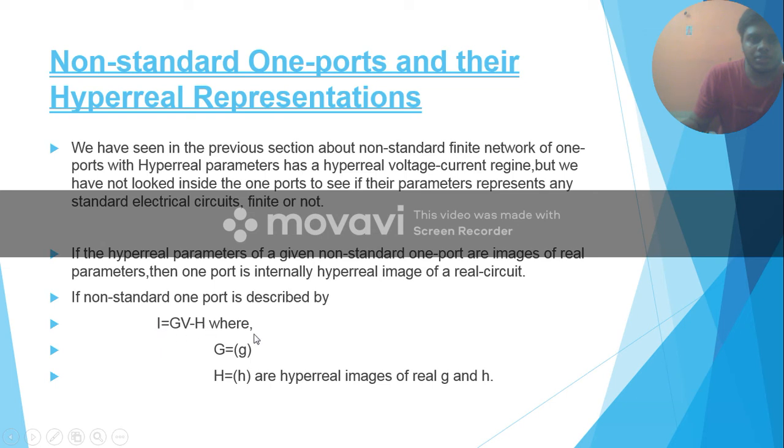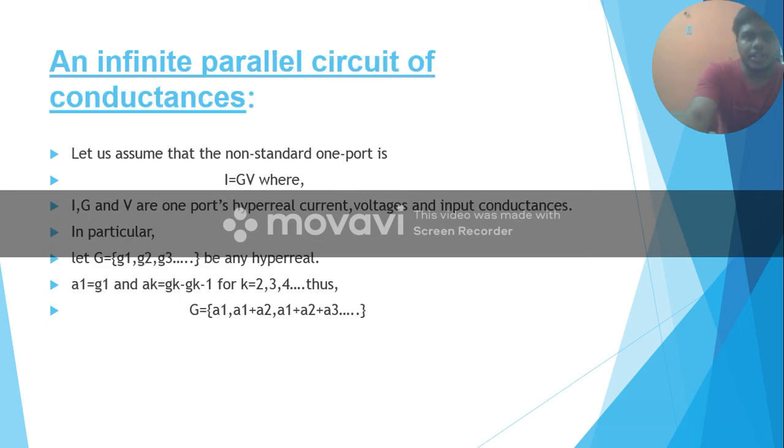For the non-standard one port, the formula is I is equal to GV minus H, where capital G represents the conductance, I represents current, and V represents voltage, and G and H are the hyperreal images of the reals G and H. This is the formula for use, and then an infinite parallel circuit of conductances, as you see here.